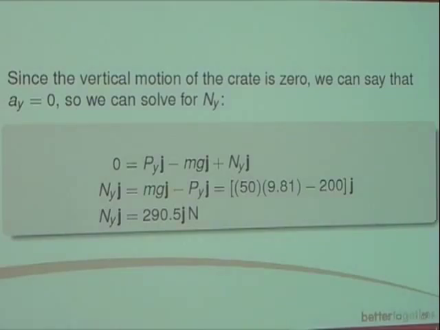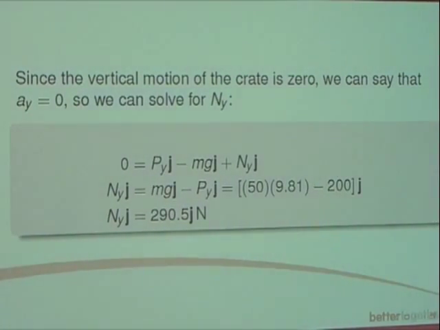As I said, we've got no acceleration in the vertical direction, so ma is going to be 0. So 0 equals all those terms: the vertical component of P minus the gravitational force, mg, plus the normal reaction force. By rearranging this, we can solve for Ny, which is what we're looking for.